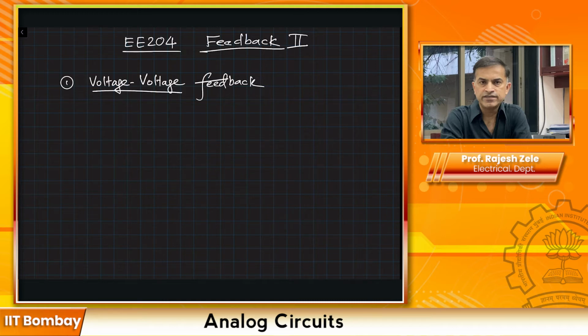The key part of this nomenclature comes from the feedback structure. This is our feed forward gain A, and then we have the feedback gain beta. This is our output sense, and this is our input return.